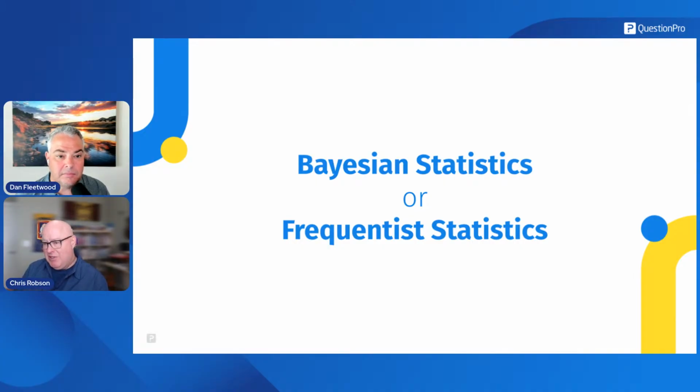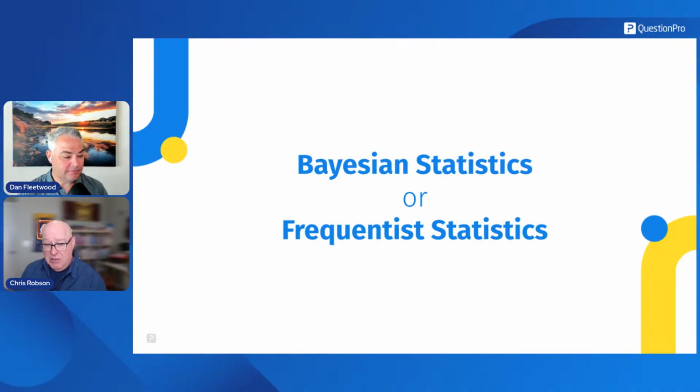And by the way, for those of you who are not statisticians, I can promise you what you've been told statistical significance means is not what it really means. A lot of people think that if something's statistically significant, it's important. That is not true. Something can be statistically significant and not at all important.